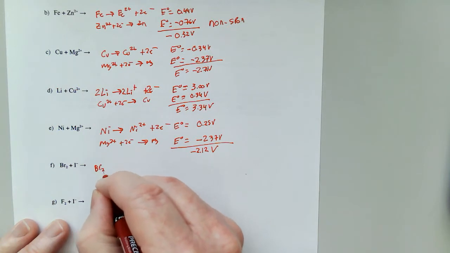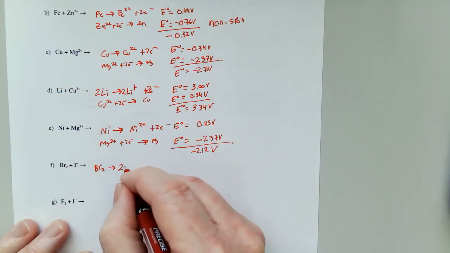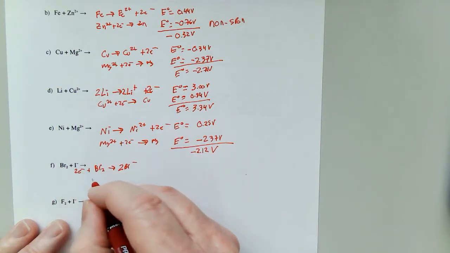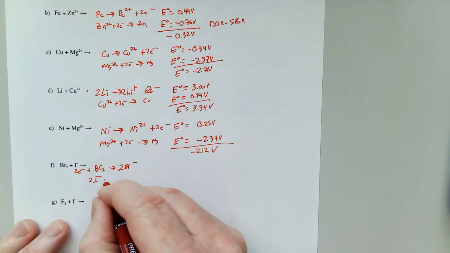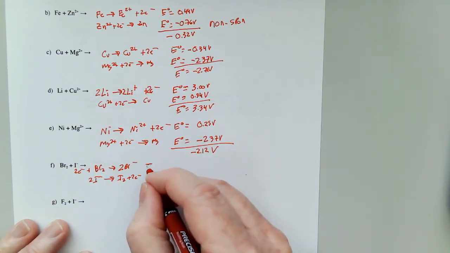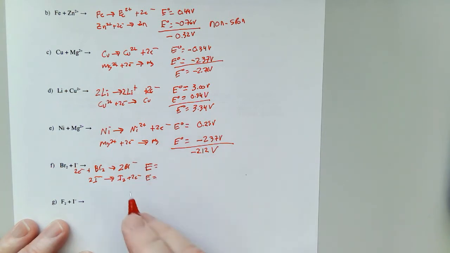Here, Br2 is going to turn into 2Br minus. That's 2 electrons on that side. 2I minus gives me I2 plus 2 electrons on the other side.